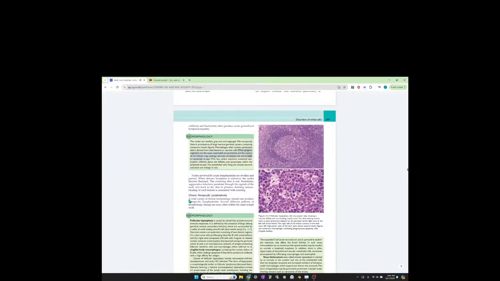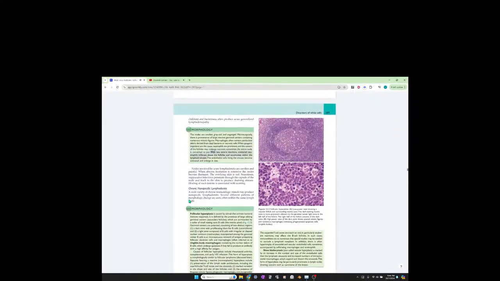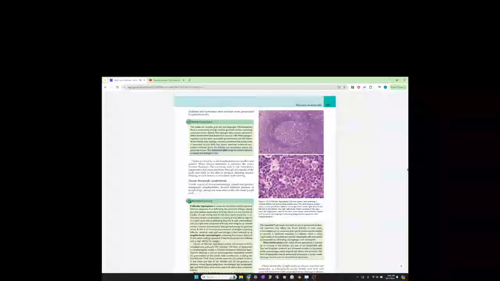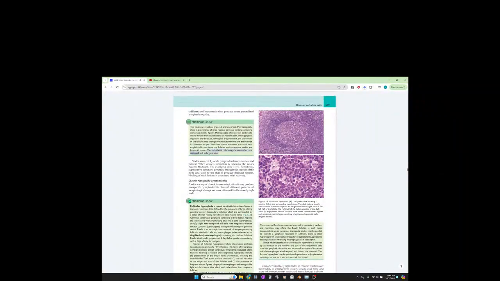Sometimes the entire node is converted to pus. With less severe reactions, scattered neutrophils infiltrate about the follicles and accumulate within the lymphoid sinuses. The endothelial cells lining the sinuses become activated and enlarge in size.